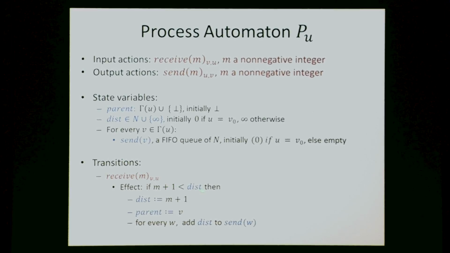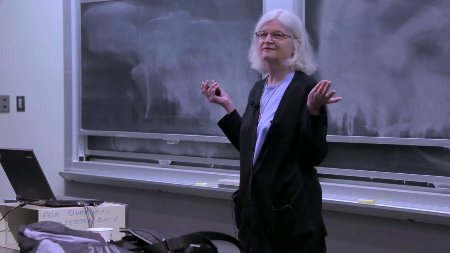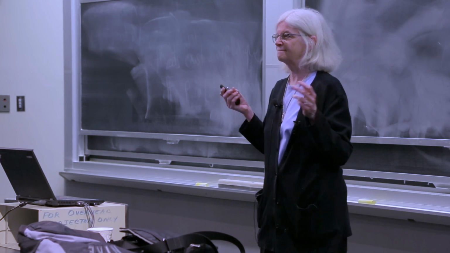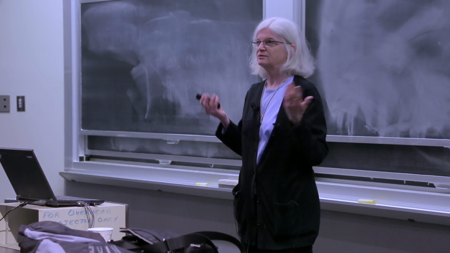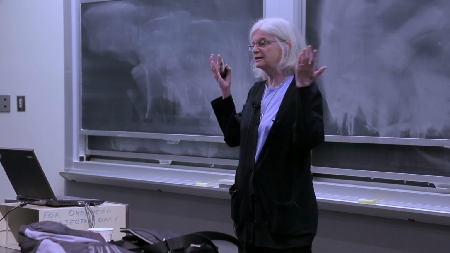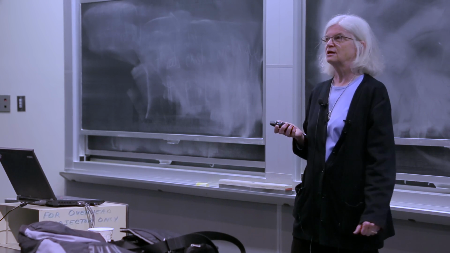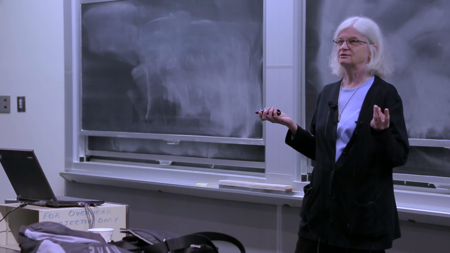So how do you know when this is done? How can a process know when it can finish? Idea? Before we had said, well, if you knew n, if you knew the number of nodes, you could wait that number of rounds. That doesn't even help you here.